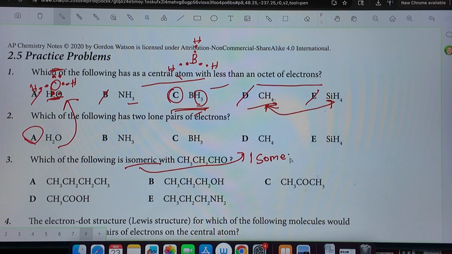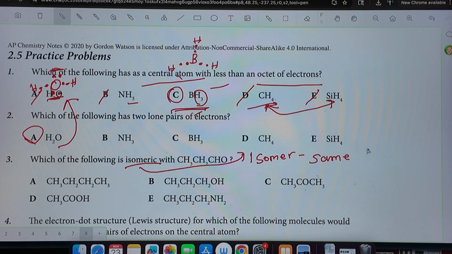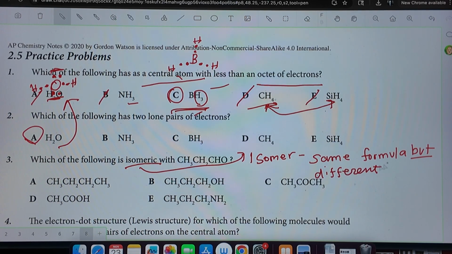An isomer is when two compounds have the same formula but a different arrangement of atoms. So that means same formula but different arrangement.